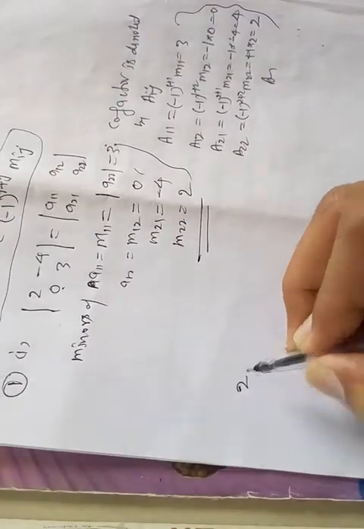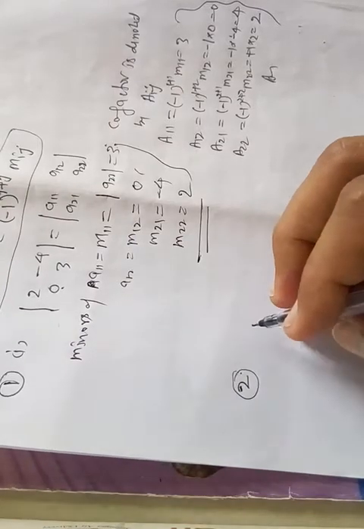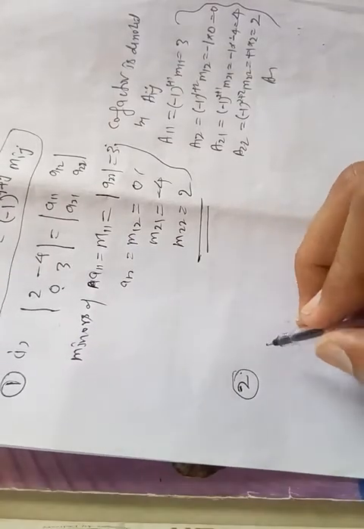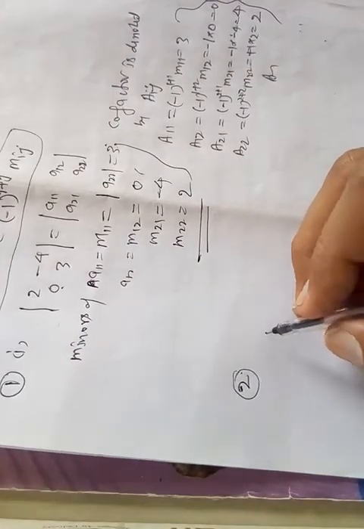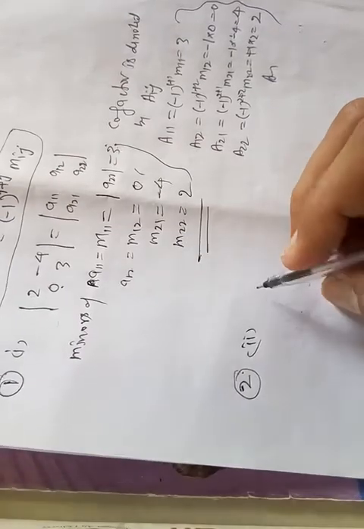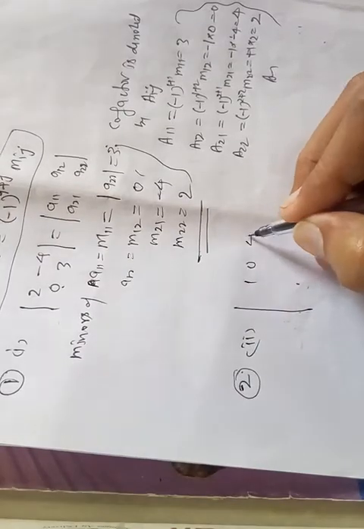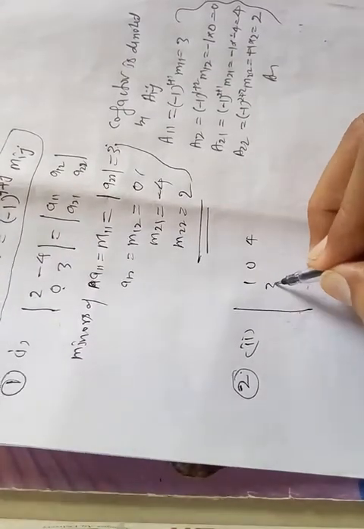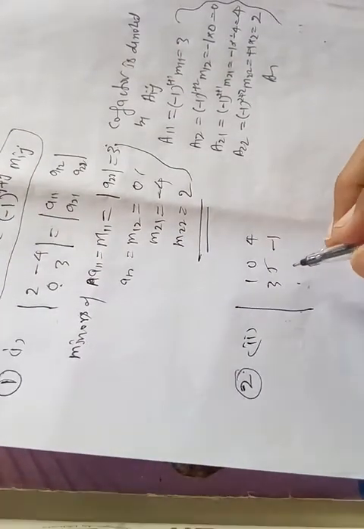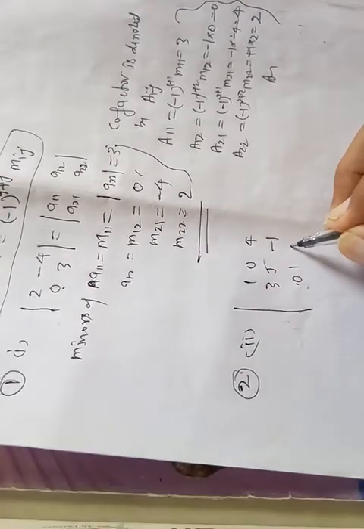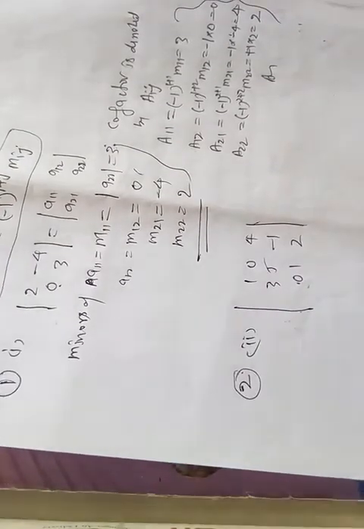Question number 2, second part: the determinant with rows 1, 0, 4, 3, 5, minus 1, 0, 1, 2. Find the minors.